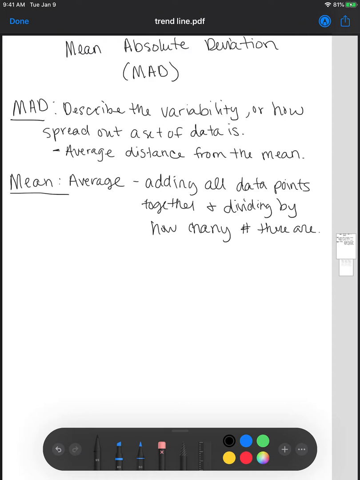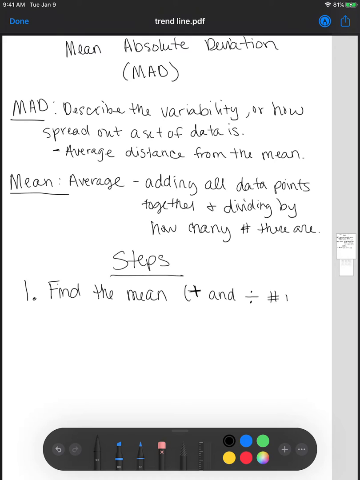So let's do the steps. In step 1, we are going to find the mean. You're adding, and then dividing by how many numbers are in the data. I'll show you that step so it's not so crazy. In step 2, you're going to find the distance from each data point.